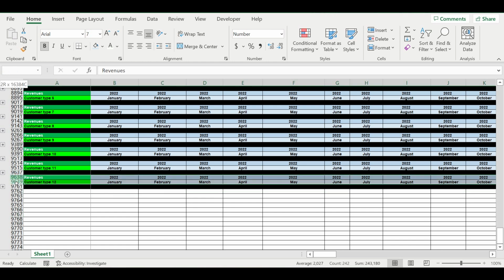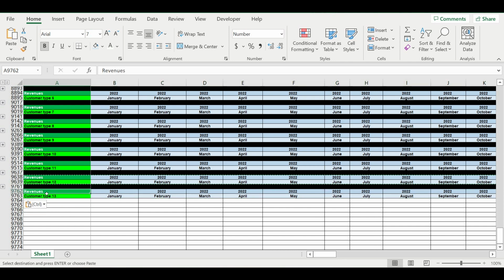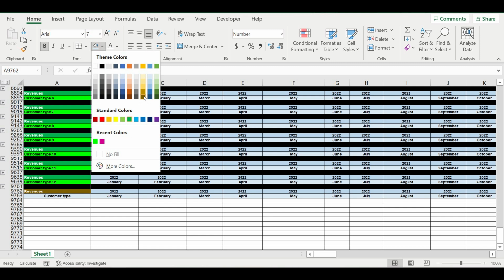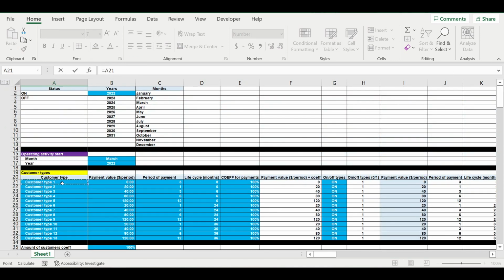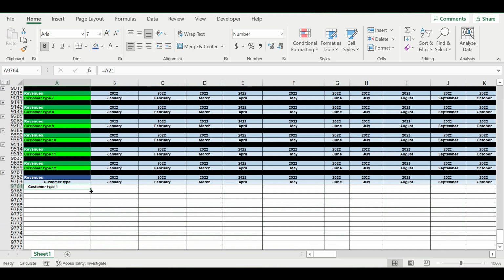consolidate the revenues. So we just copy the timeline, revenues, here will be customer type, we'll place all customers here. Oh, we have 13.